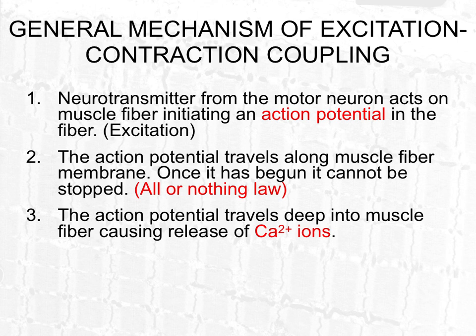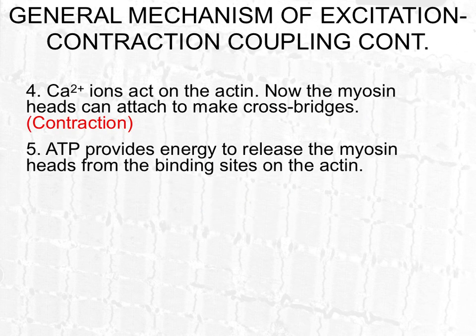So that spreads along the muscle fiber membrane, at the surface first. And then it travels deep into the muscle, causing calcium ions to be released. Okay. So calcium binds to the actin.